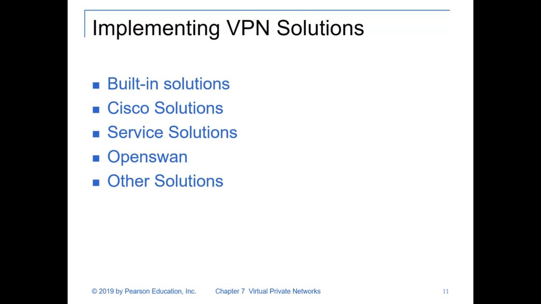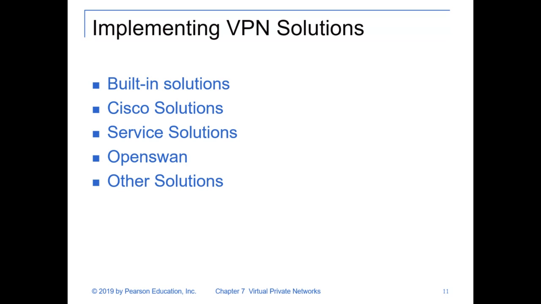There are some other options as well for VPNs. You have built-in options. This is something that's going to work primarily for small home offices or small offices. Think of this as like your Windows firewall. These are the solutions that come installed in your operating system. Now larger companies are going to need additional features that are not going to be included in that.